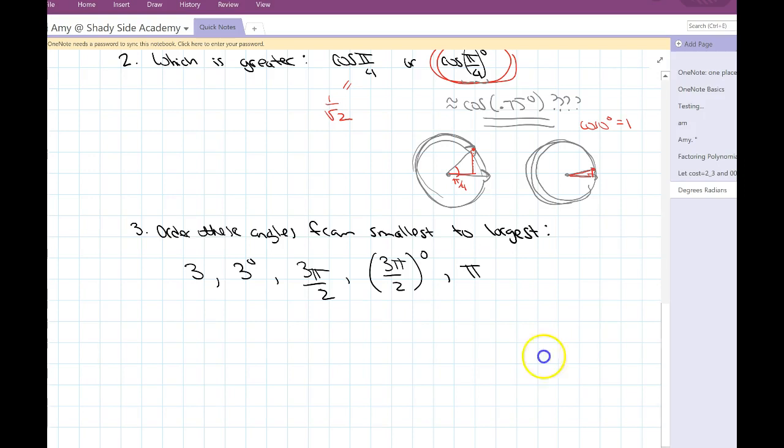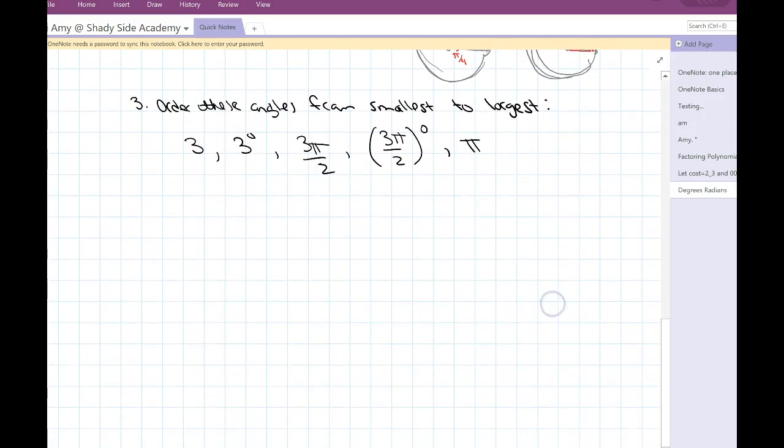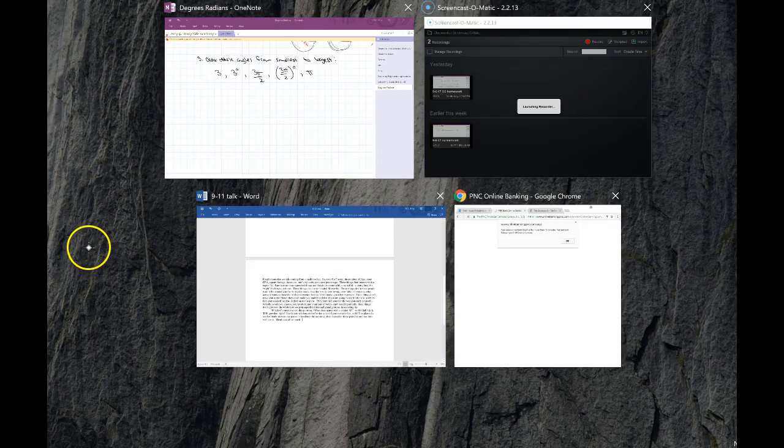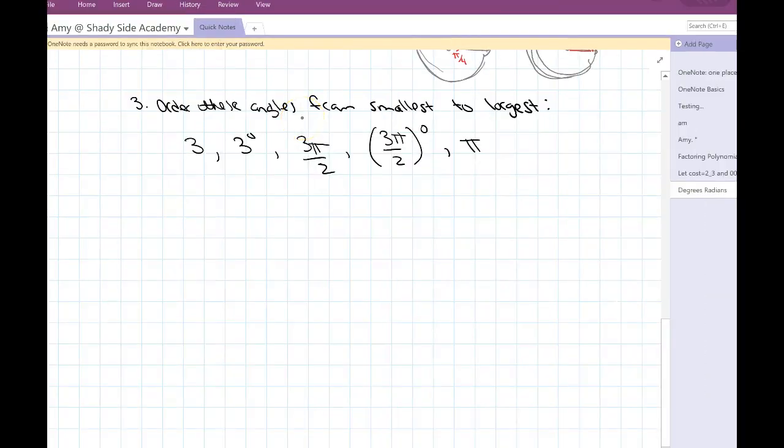All right, now I'm going to move on, and I'm going to talk about this now. Oh no, here we go. Converting between degrees and radians.